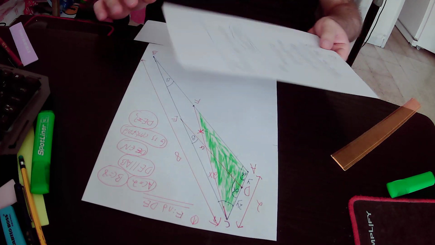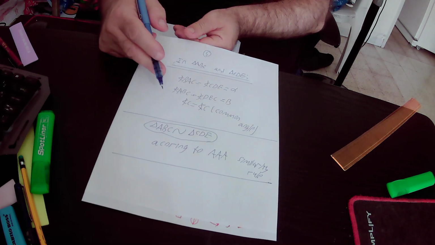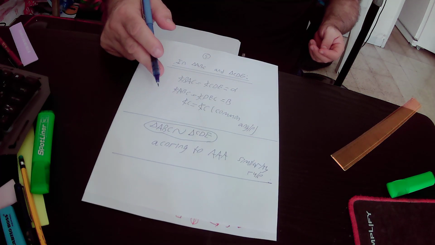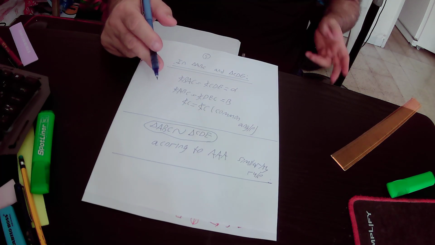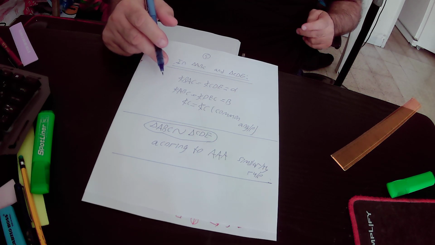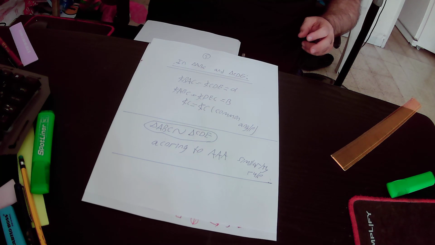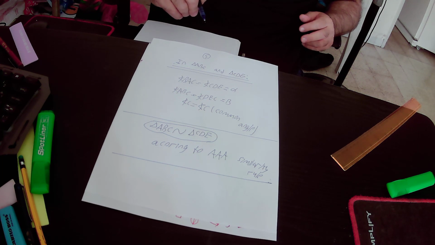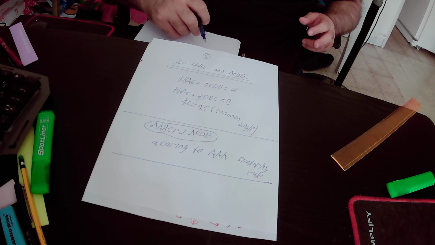Again, the big triangle, triangle ABC, is similar to triangle CDE according to the angle similarity rule. So what is the angle similarity rule?